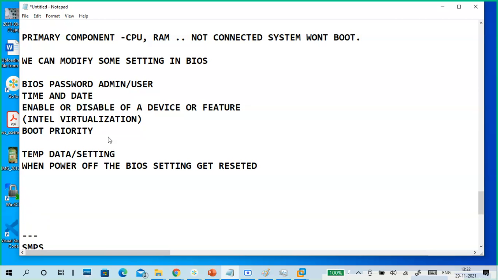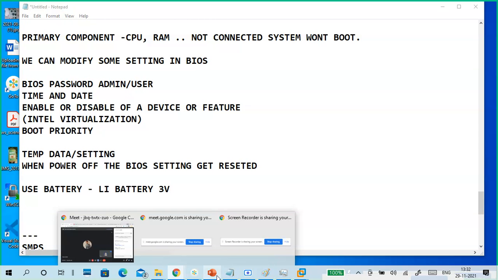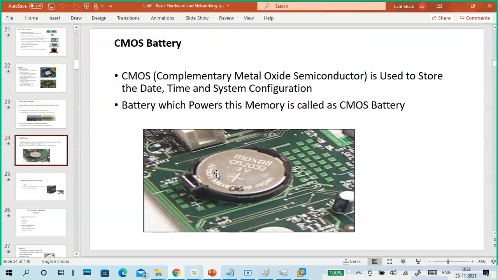So how to protect it? Use a battery. That battery is a lithium battery, a 3 volt lithium battery we are using. It looks like this. This is the lithium battery.